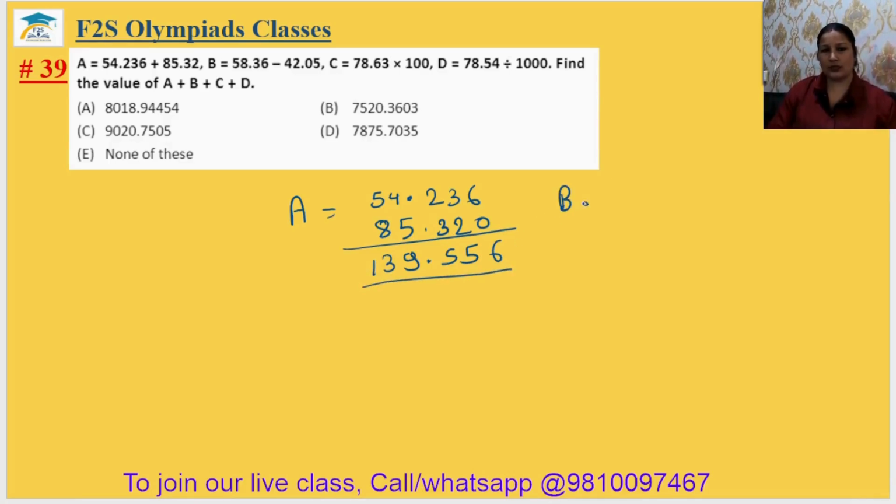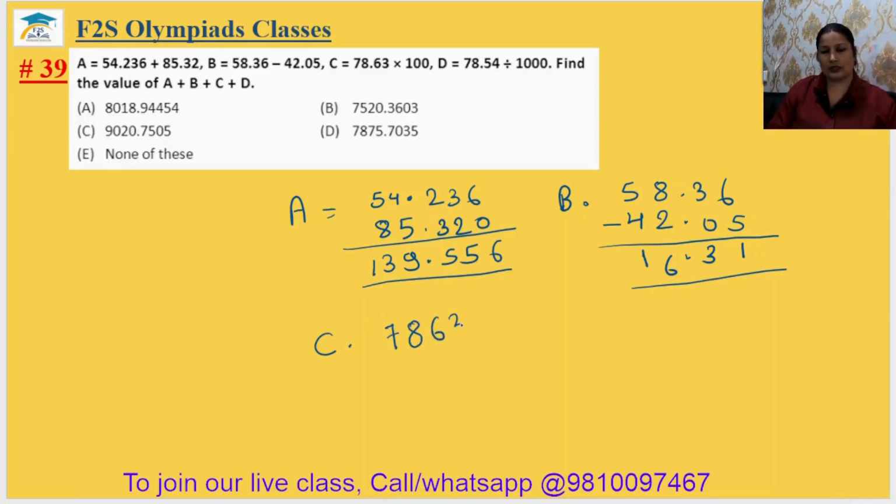Now B is your 58.36 minus 42.05. So 16.31. Now C will be your 78630, and D will be your it is dividing by 1000, it should be 0.07854. Okay. Now find the sum of these numbers.